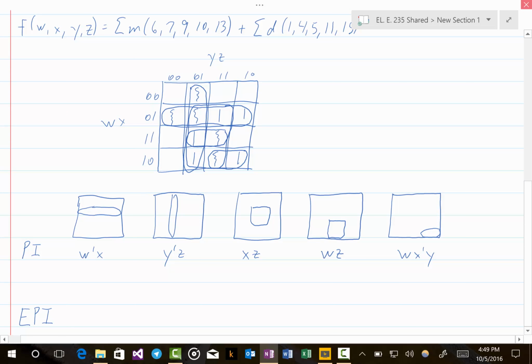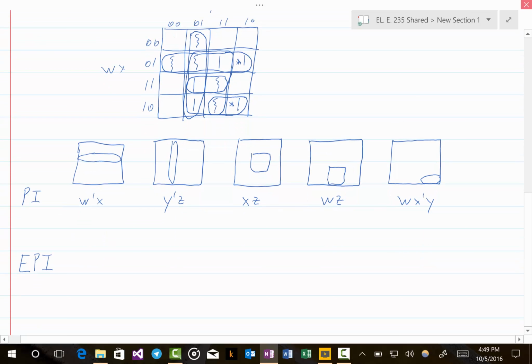We begin that process by looking at essential 1 cells, and the only essential 1 cells here are this one and this one, and the first one up here is in W prime X, and the second essential 1 cell down here in the corner is in W X prime Y. So those are the only 2 essential prime implicants, and remember that those will be in every minimal sum.